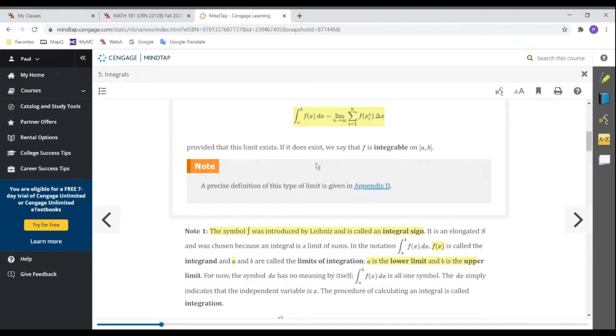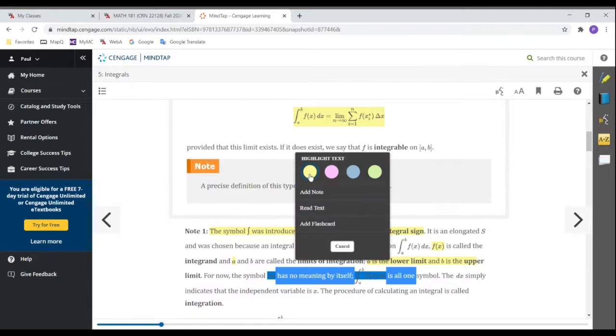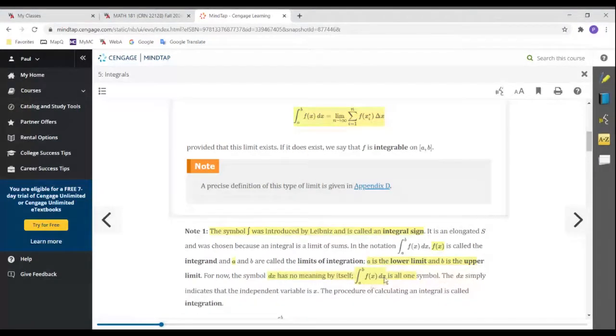And the symbol dx has no meaning by itself, but it tells you what variable you're integrating with respect to. So the dx just means you're integrating with respect to x, because your x-axis is where you're dividing up your subintervals.